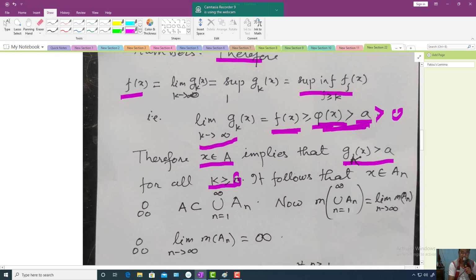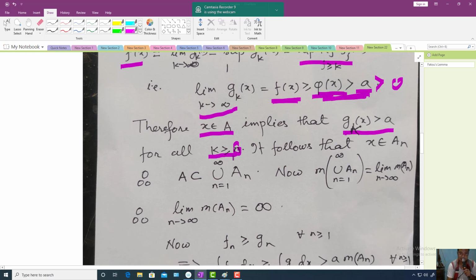All right, so the stage is when k is equal to n and greater than n; in that situation g_k(x) is going to be strictly greater than this small a. So g_k(x) is greater than a for all k greater than or equal to n. It follows that x is a member of A_n.